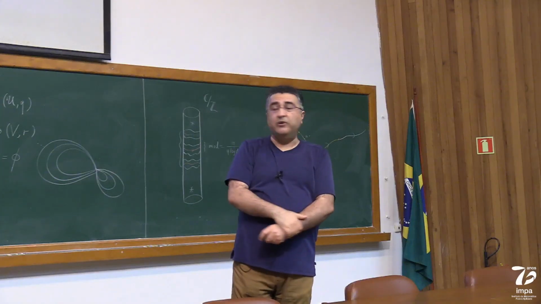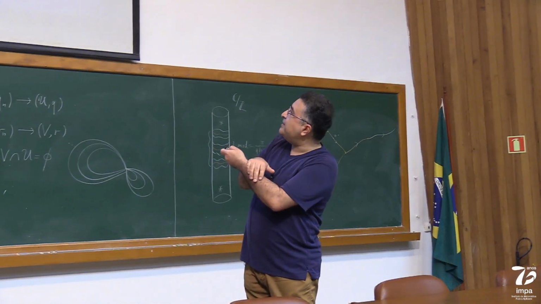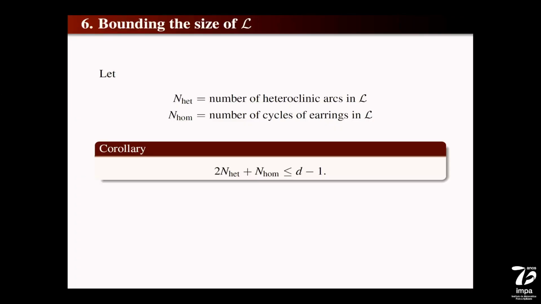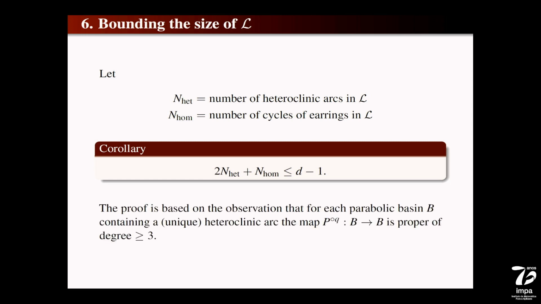simply because every earring of homoclinics is in its own cycle of parabolic basins, so it requires one critical point. But the important thing: why is this 2 here? Because every time you have a heteroclinic in a basin, you need at least 2 critical points. This proof is based on the observation that if you have a parabolic basin B containing a heteroclinic arc, and that's unique, if you have a heteroclinic arc in a basin, that's it.